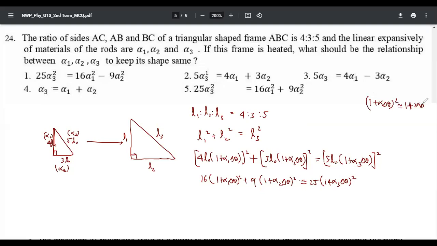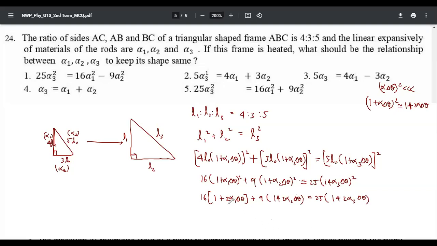Hope you can remember this. You can write it that way because alpha into delta theta squared is a very small number. So it is going to be 16 within bracket 1 plus 2 alpha 1 delta theta plus 9 within bracket 1 plus 2 alpha 2 delta theta equal to 25 within bracket 1 plus 2 alpha 3 delta theta.